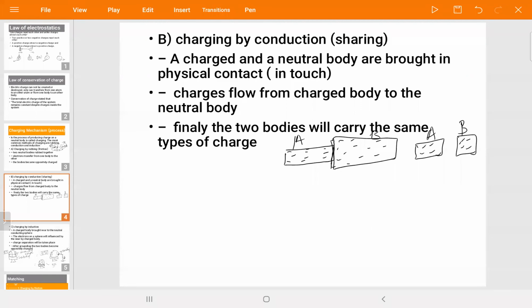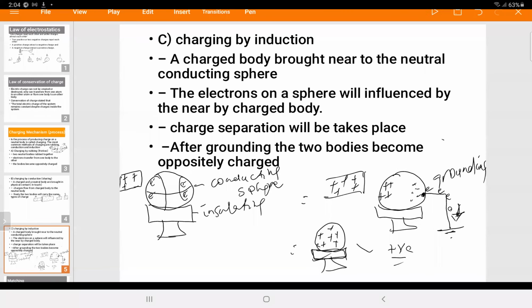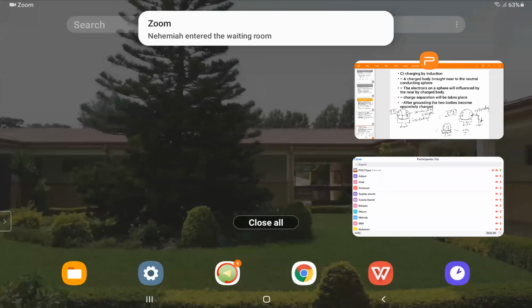And the final mechanism of charging is charging by induction. For this case also, we have two objects. One is initially charged, but the other one is a material that is subjected to charging.